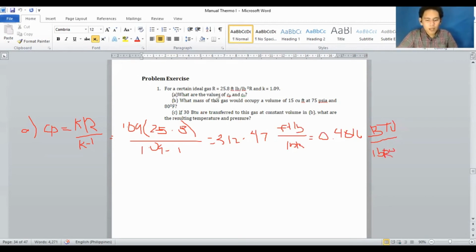That is your CP. Next, your CV. Since we have CP, we can easily get your CV by using the equation CV equals CP over K. So 0.4016 all over K, which is 1.09.